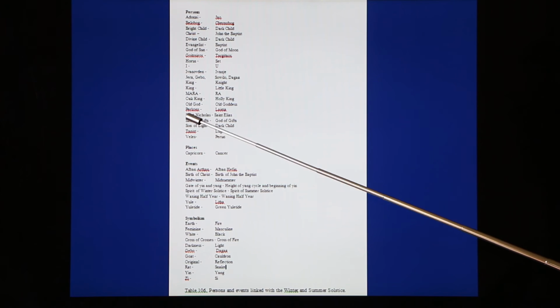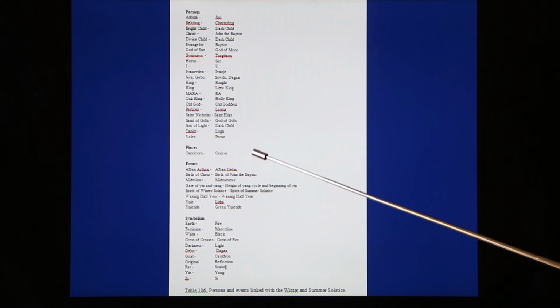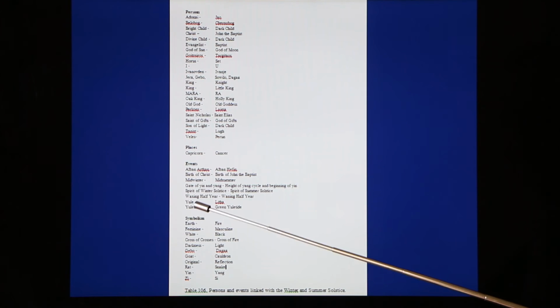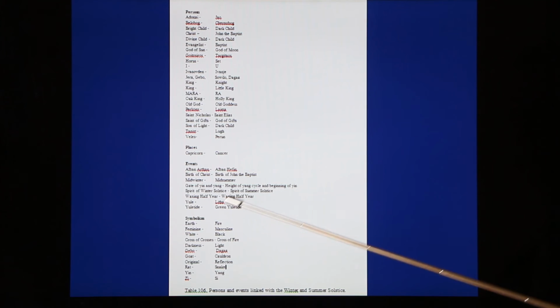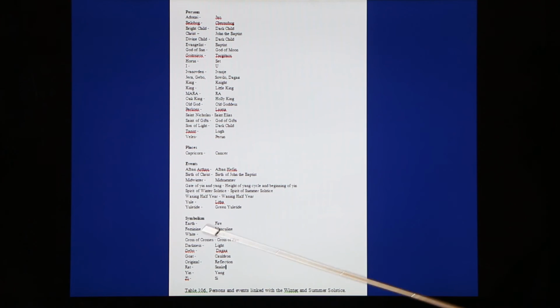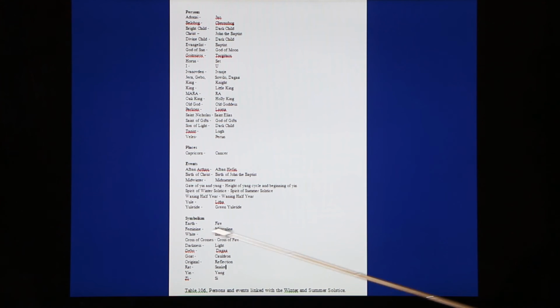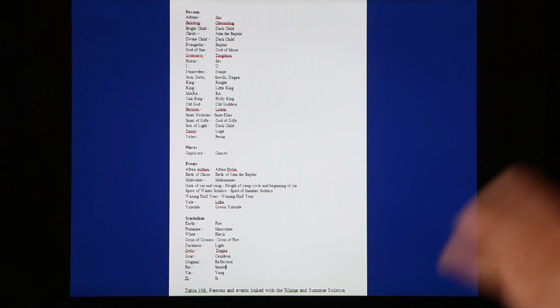I'm not reading them all out. Perkonos, limes, depending on the culture. Capricorn, Cancer. The birth of Christ, the birth of John the Baptist. Midwinter, midsummer. Yule, Litha. Symbolism, earth, fire, feminine, masculine, white, black. And all of these can be seen as complementary and fighting each other.